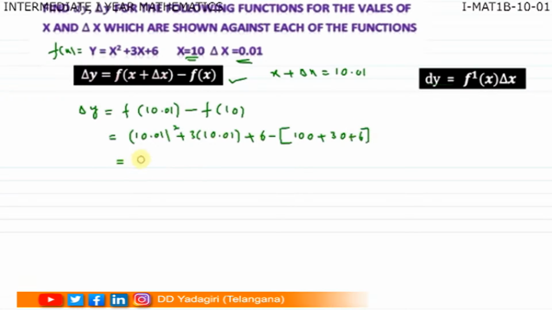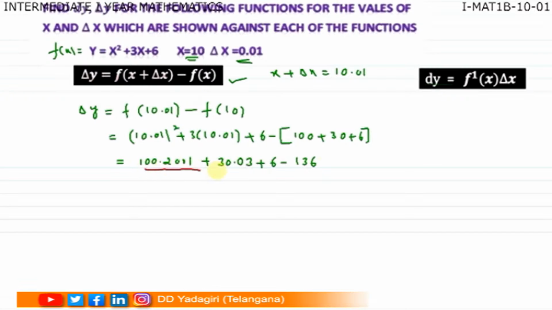So 10.01 whole square means 100.2001 plus this is 30.03 plus 6 minus this is 136.